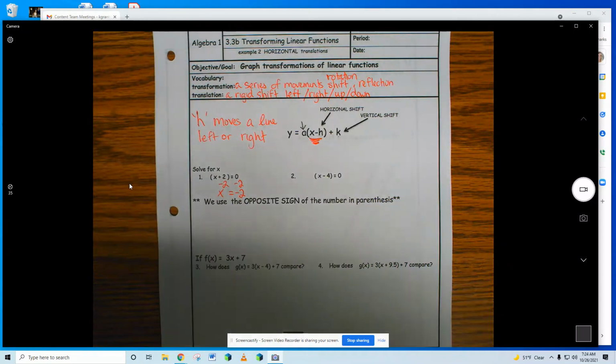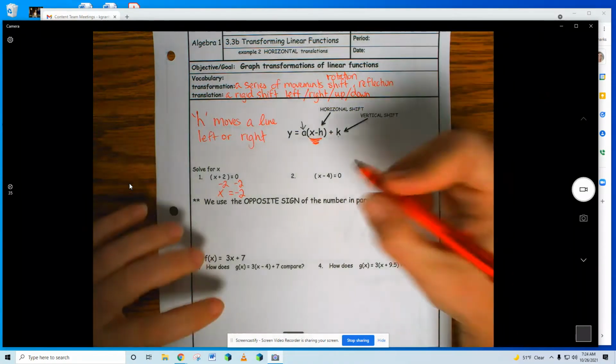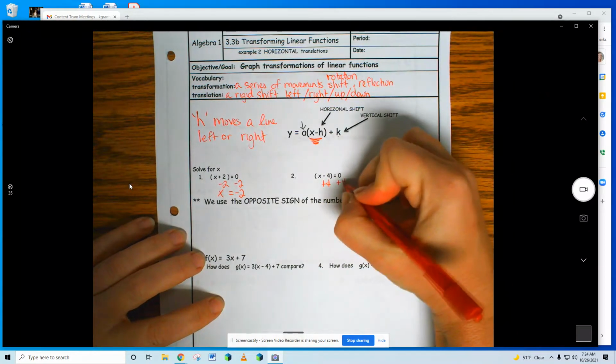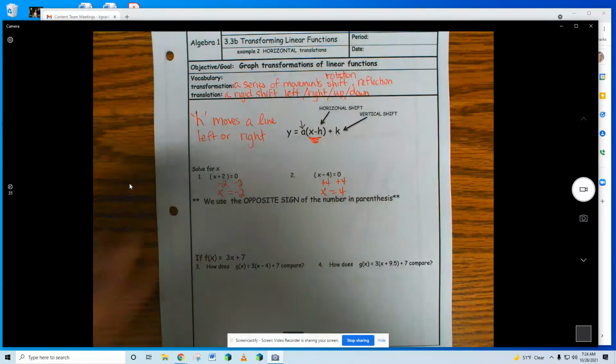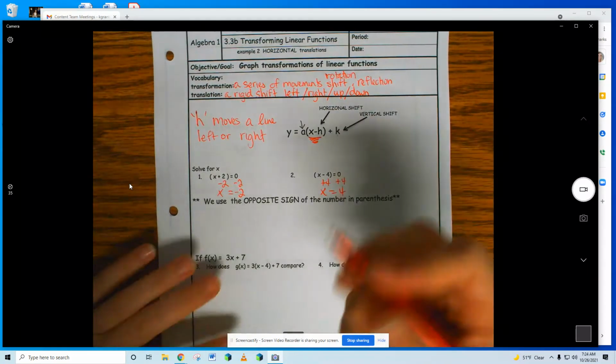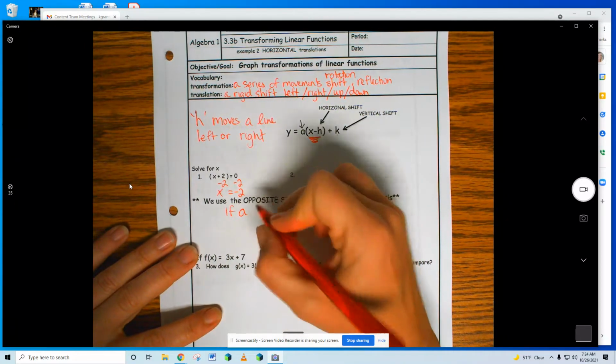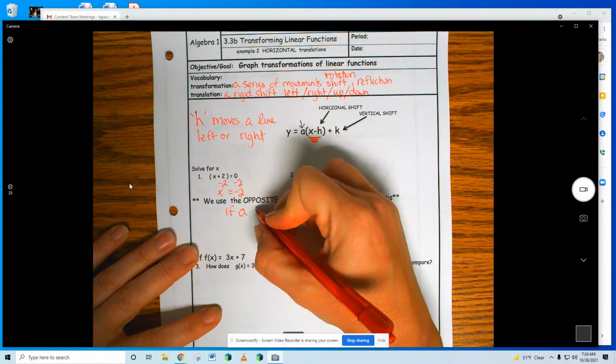All right, number 2. Someone tell me what I would do. Yep. Add 4 to both sides. So, if a number is in parentheses, what am I going to say?